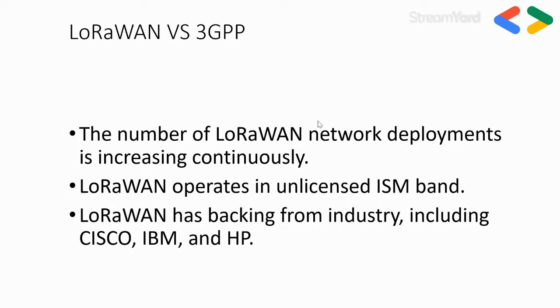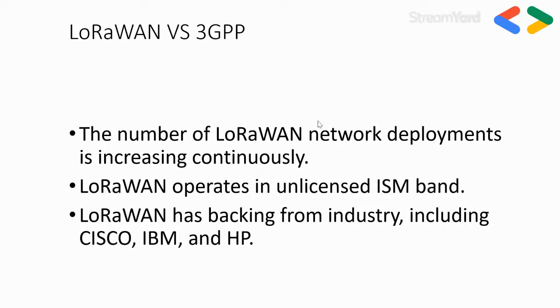It's also supported by many in the industry. When they fabricate their devices, they are compliant with LoRaWAN, and we'll find more support for LoRaWAN from the industry than for NB-IoT or the 3GPP IoT standards in general.